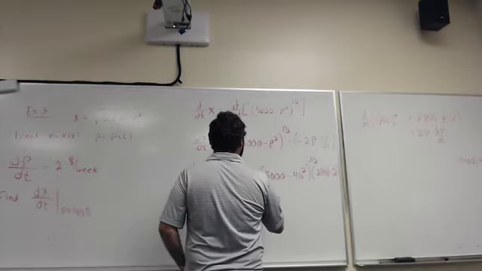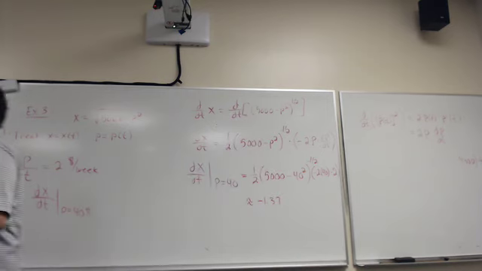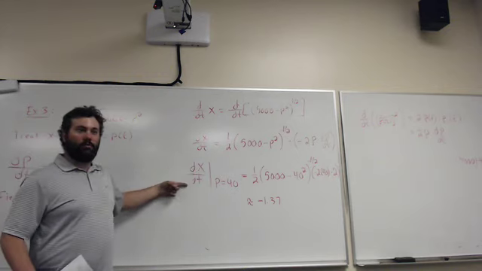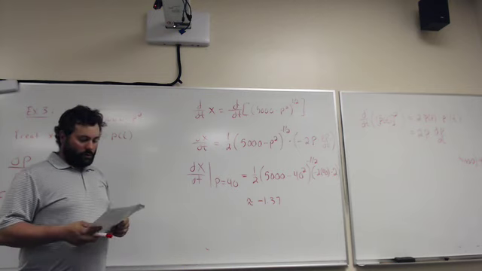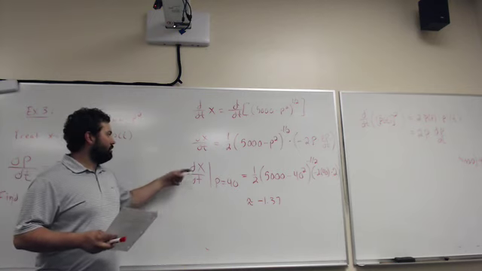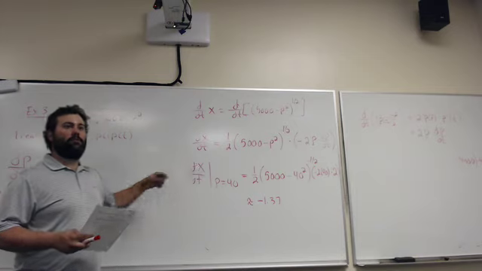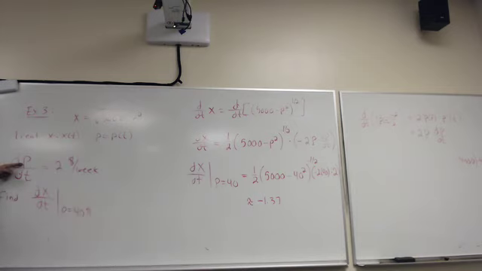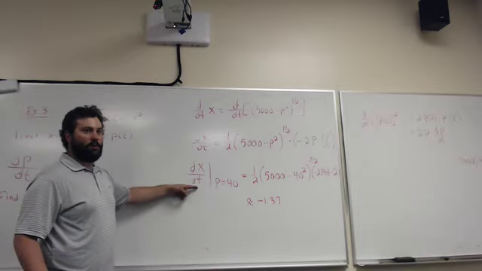Now, what are the units? dp dt is dollars per week. This is change in units demanded per week. So again, that's number of units. Only the change in price has dollars of units. This is the change in the units demanded over time.